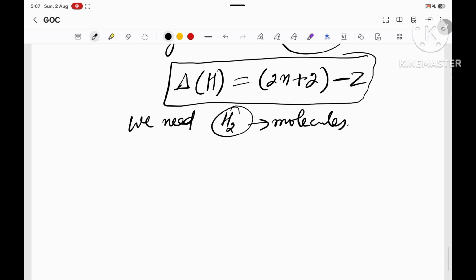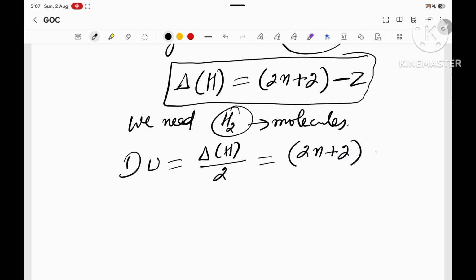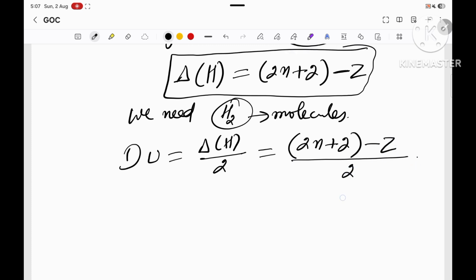So we have to divide it by 2. du of this will be delta H, how many hydrogens are needed there for du, divided by 2, that is 2n plus 2, and we will subtract z from this, then divide by 2.